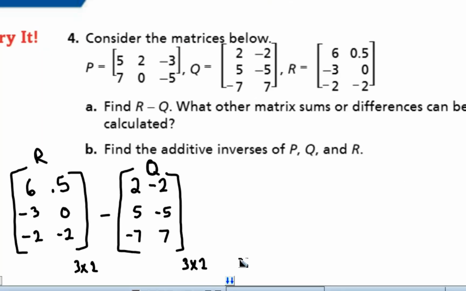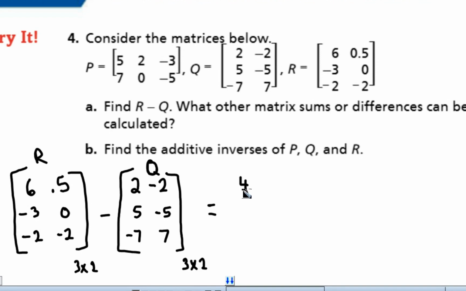Okay, let's see how you did. See if you get the same thing as me. Here we are. I've written this up. Be careful. It says R minus Q, but they gave you Q and R. So I rewrote it in the right order to help me keep it straight. They are each 3 by 2, so they have to be the same dimension. So that's good. So what's 6 minus 2?